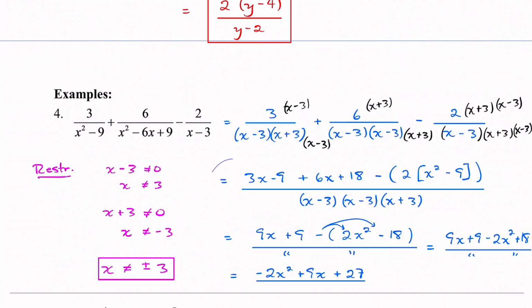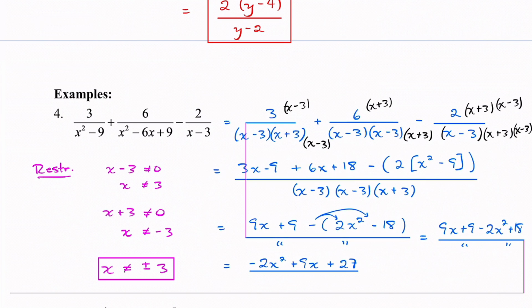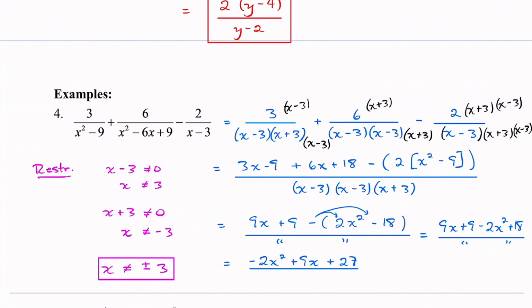I'm just going to move everything up here so I got a little bit more room. Slide that up. So the common denominator was an x minus 3, an x minus 3, and an x plus 3. Make sure in your final answer that you actually write out what the denominator is. Don't use the quotations for your final answer.